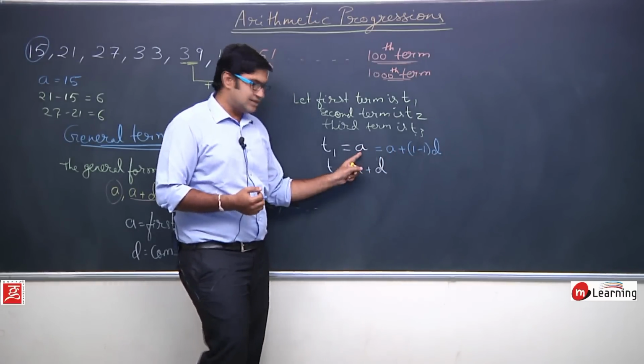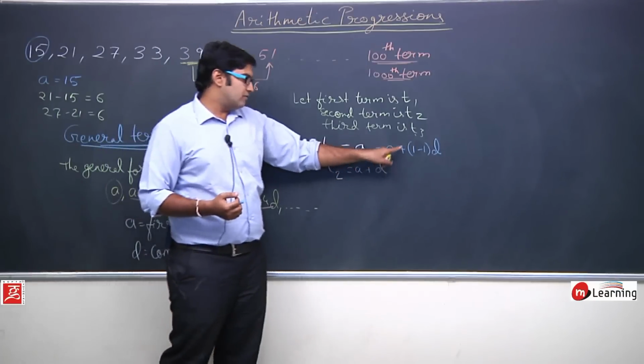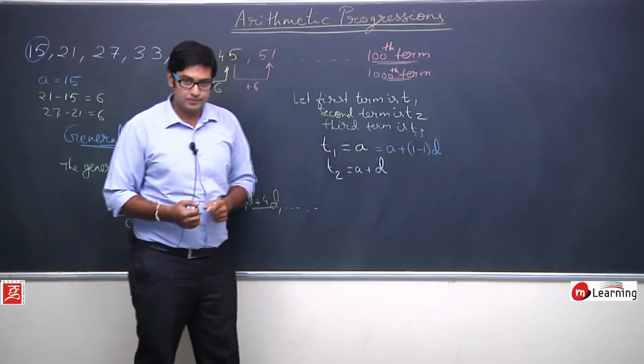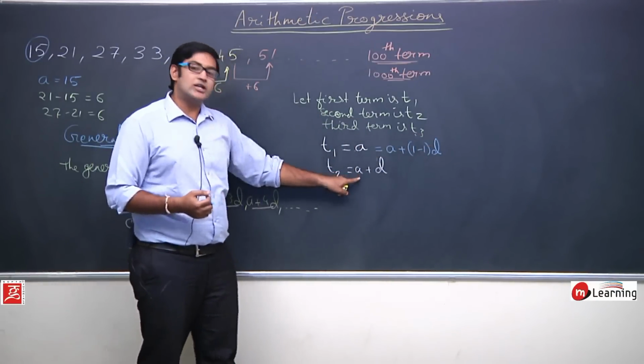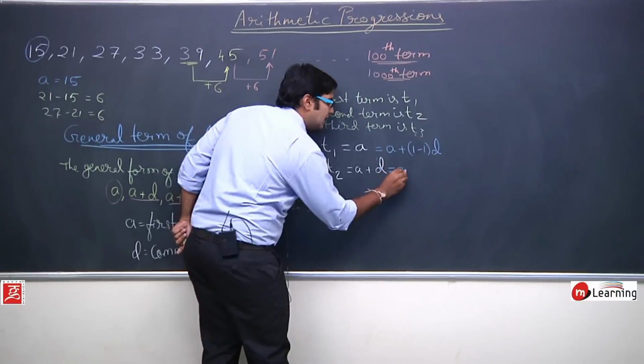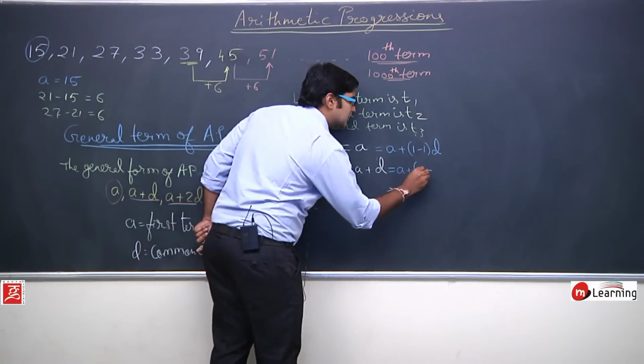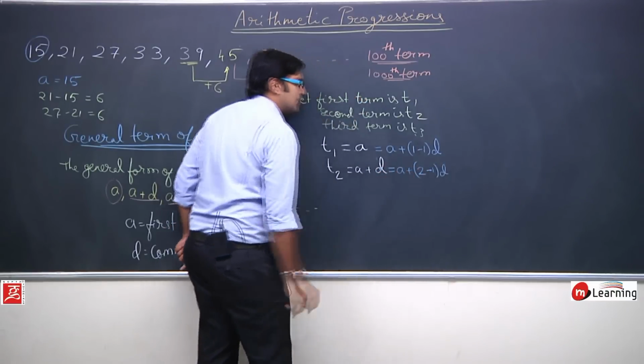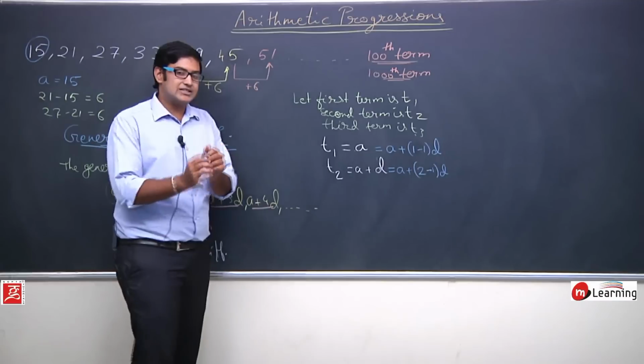तो मैंने इस a को, this first term is a plus (1 minus 1) d. Similarly, T2, जो term है a plus d, I can write it as a plus (2 minus 1) d. Try to understand.